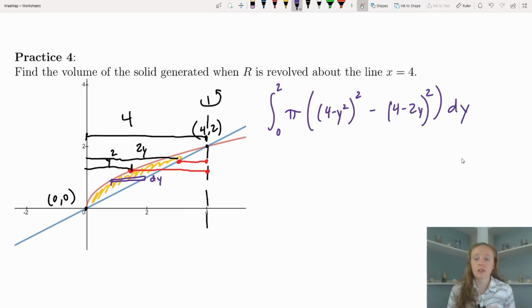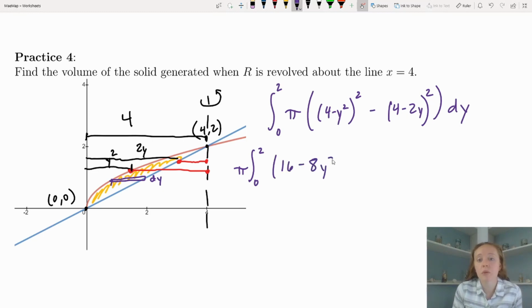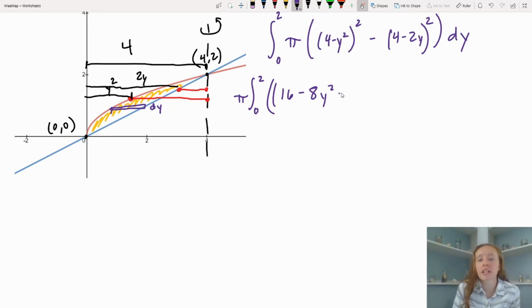So let's go ahead and expand all of this out. So 0 to 2, I'll go ahead and pull that pi out in front. 4 minus y squared, squared, is going to be 16 minus 8y squared, and then y squared times y squared, that's going to be a positive y to the 4th. And then I'm subtracting, expanding out 4 minus 2y squared, that's going to be 16 minus 16y plus 4y squared.